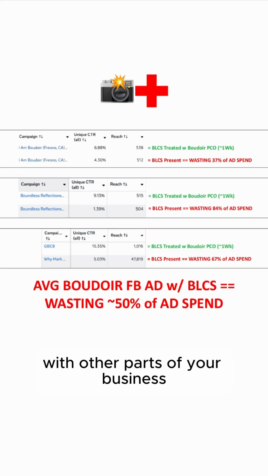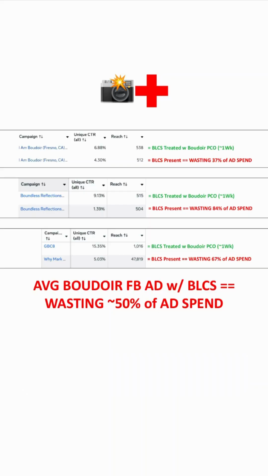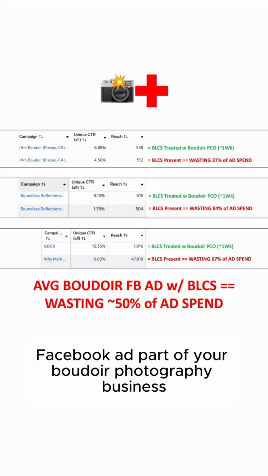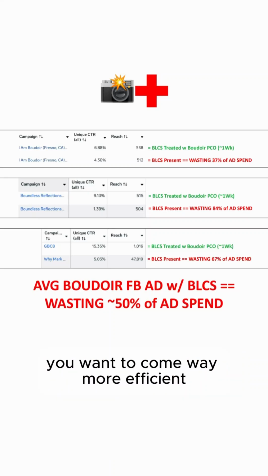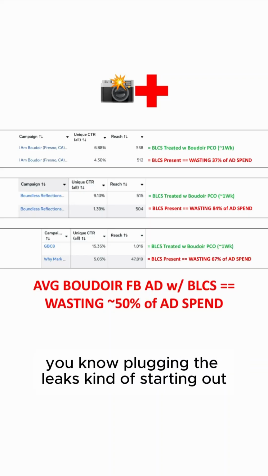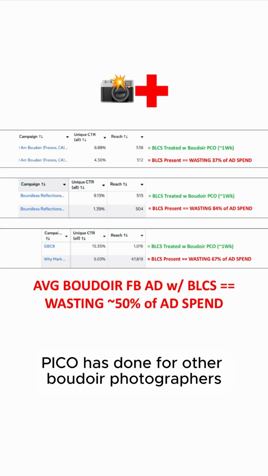You've already done that with other parts of your business, optimizing for the dollars on those parts. And now you've decided you want to do it on the Facebook ad part of your boudoir photography business. You want to become way more efficient, pull more money out of it as well by plugging the leaks, and you're seeing what Boudoir Pico has done for other boudoir photographers' Facebook ads.